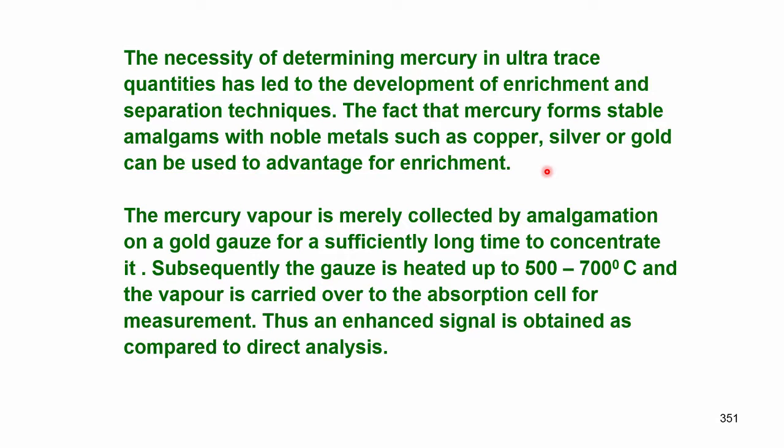First I take a small sample, add the sodium borohydride, and take the mercury to a gold foil and adsorb it, forming the amalgam. Then I can take another sample, carry it to the same metal, and mercury gets adsorbed on that, because mercury amalgam does not have a specific composition. So, it can keep on concentrating.